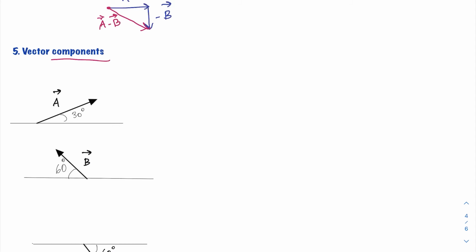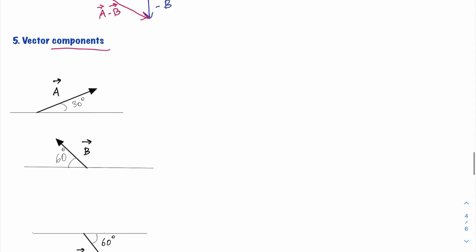So they were along either the x-axis or y-axis. But here in this case, as you see, the vectors have angles with the horizon. And in this case, we will learn about the term called vector components.